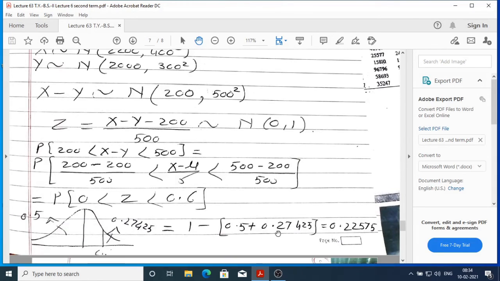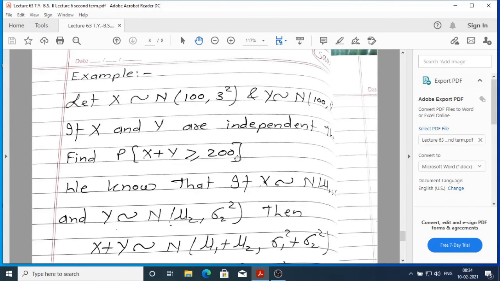So the range becomes probability 0 less than z less than 0.6. So if you observe this concept, we are getting the middle part. Actually it should be marked here, 0 to 0.6 we want. This part should be marked with the lines. So to get this answer we can say 1 minus 0.5 plus 0.27425. So answer is 0.22575.